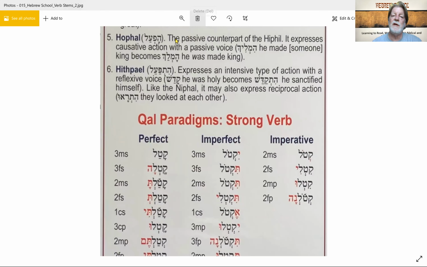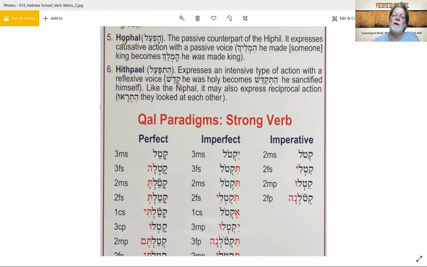So we'll move on to the next one, which is hofal. And this is the passive counterpart of the hifil. So if hifil is active voice, the hofal is passive voice. Now, this is a case where I think we actually have a kametz here.